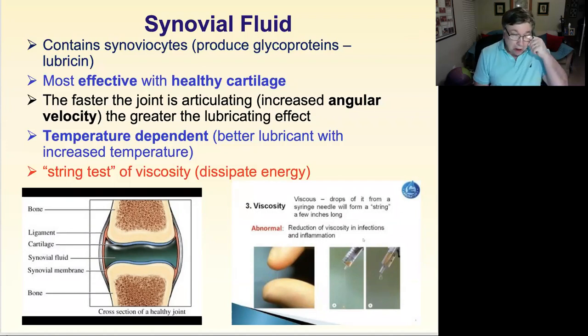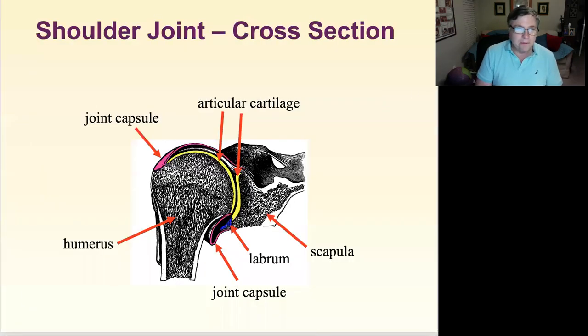And there's a string test for viscosity, believe it or not. Viscosity helps to dissipate energy. So a viscous fluid actually dissipates energy instead of storing energy, so the opposite of elastic.